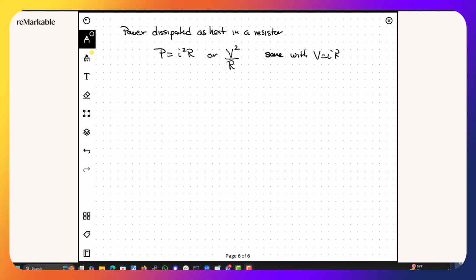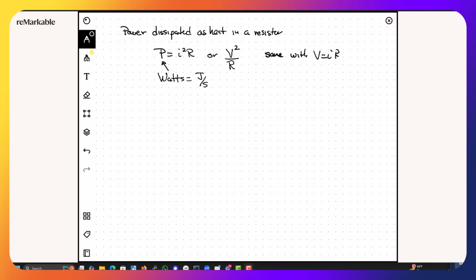So it's not really a new expression, either I squared R or V squared over R. And that's the power, and that's in watts, right? Which are joules per second.